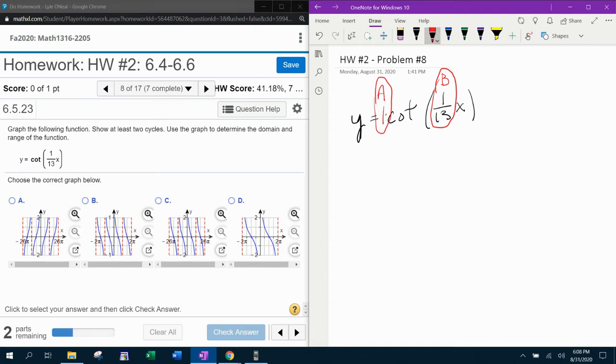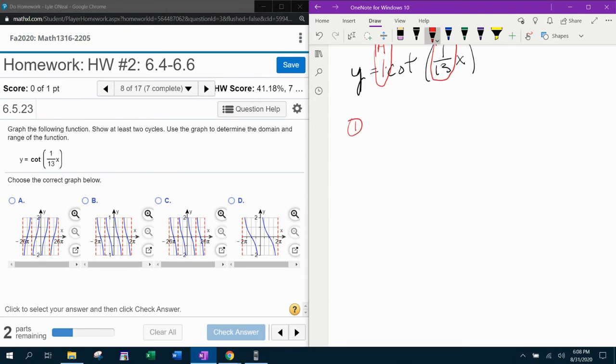Actually, let's go through the 4-step process of graphing a tangent or cotangent function. Step number 1 is to get consecutive asymptotes. If you have a cotangent, that means that your angle theta is going to be bound between 0 and pi respectively.